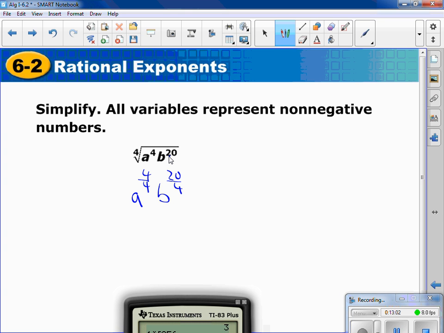I'm unwriting it as a root and changing it to fractions. What's 4 divided by 4? So I just have a. B to the, what's 20 divided by 4? A, B to the fifth is your answer. It's not solving these for answers, it's just simplifying.